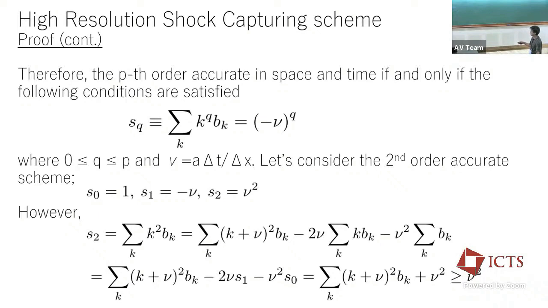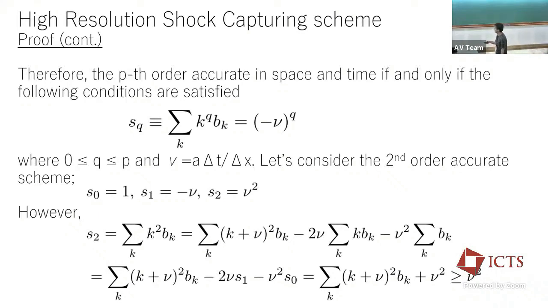Just plus nu square, which means that for a non-zero value of b_k, this term becomes positive. This expression should be greater than nu, because of this condition, right? So to satisfy this condition, the first term should be zero.